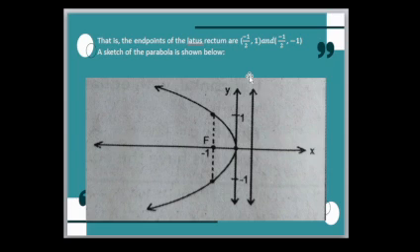Our directrix is the vertical line x is equal to positive 1/2. So that is the form of the parabola.